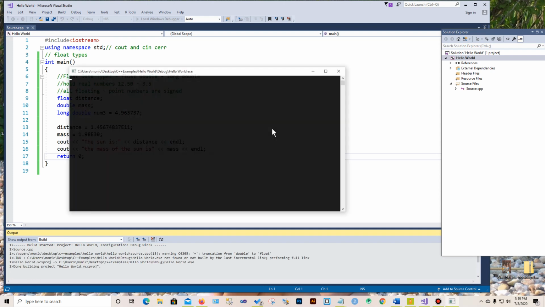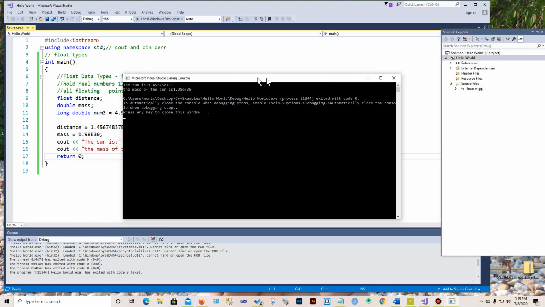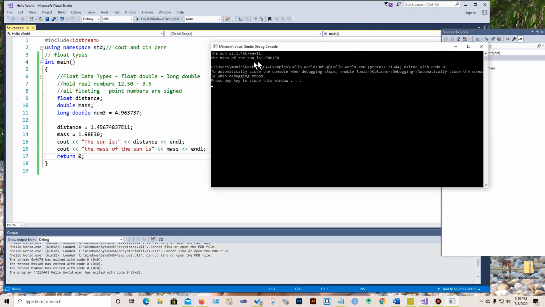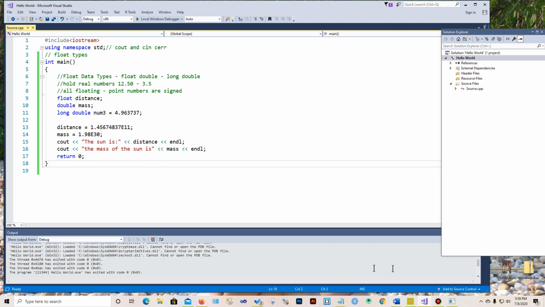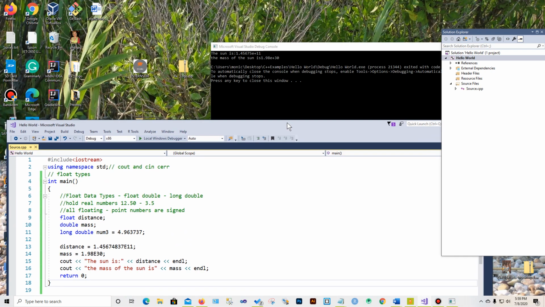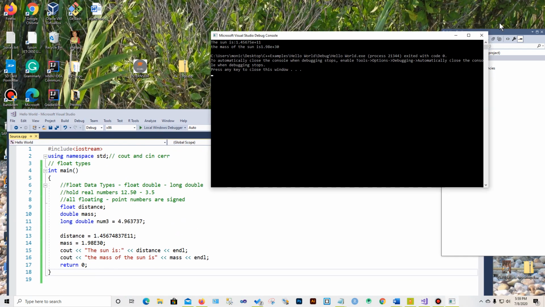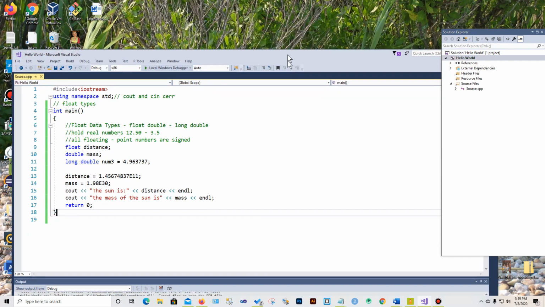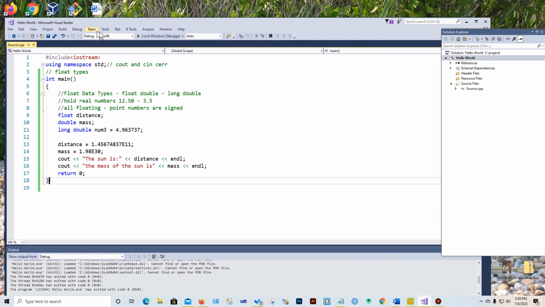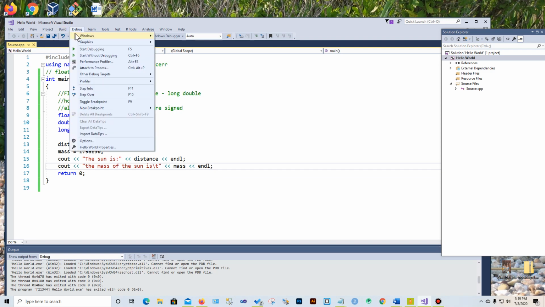So here we have the value, and it seems truncated. Also, you cannot see "the sun is," so let me stop debugging here. I'll put a forward slash and a tab, so I'll have a little space.